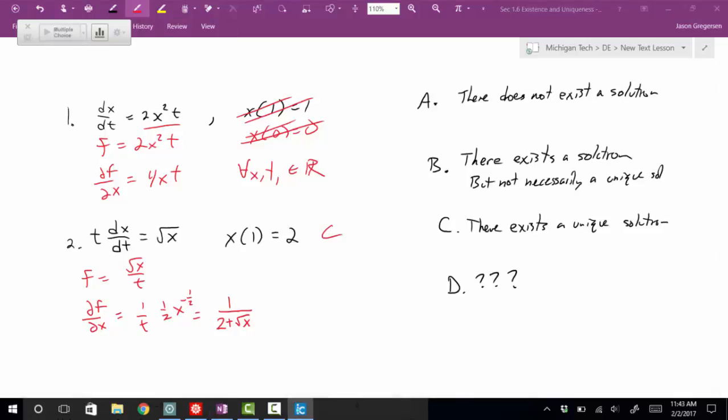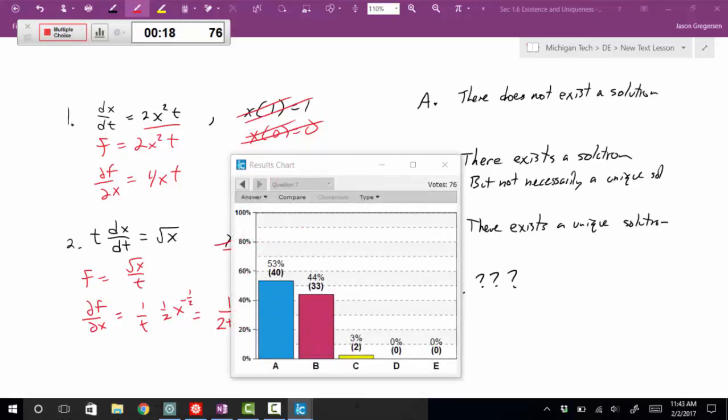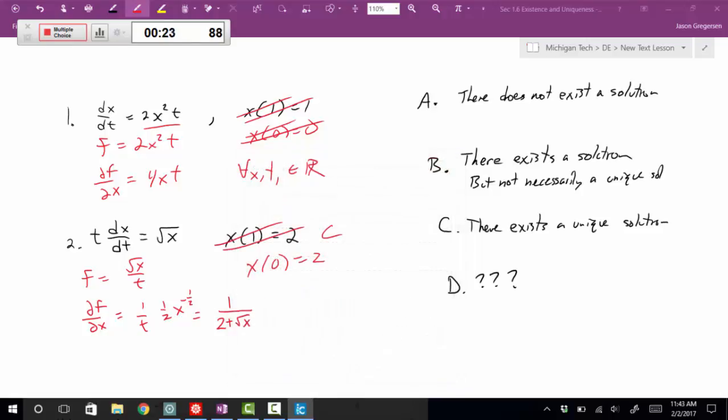Now change my condition to X of 0 equals 2. Now which case do we have? Either A or B. Our first thing is that it just doesn't satisfy the function.